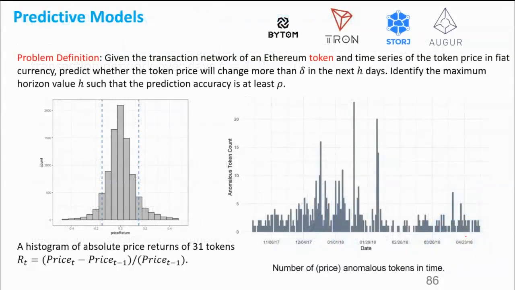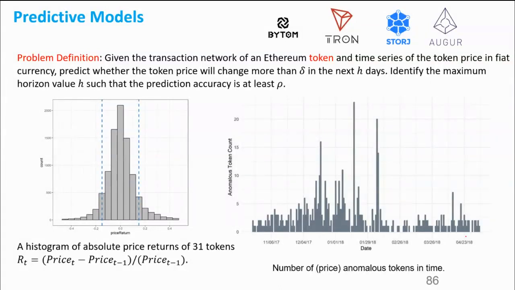Now, let's look at our application. We talked about creating these Ethereum token networks and then defining rules on them, and then using Betti functions and using Betti signatures to find the deepest Betti function over days. Our application is actually finding an anomaly in the time series.